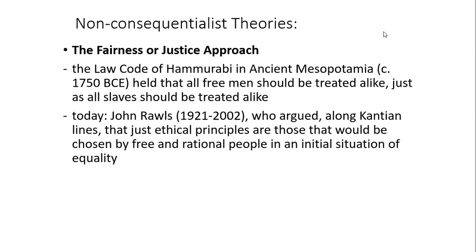We are not going to think, because I am going to be the next president, let us organize the constitution in such a way that it will favor me. You don't know where you'll be, and because of that, you are able to contribute ideas which should ultimately ensure fairness and justice for everybody. That is what John Rawls was trying to say.